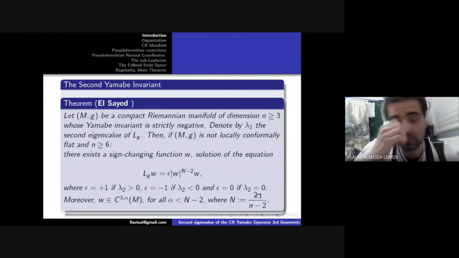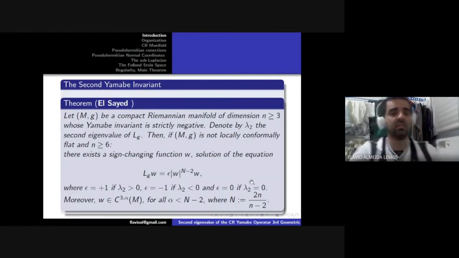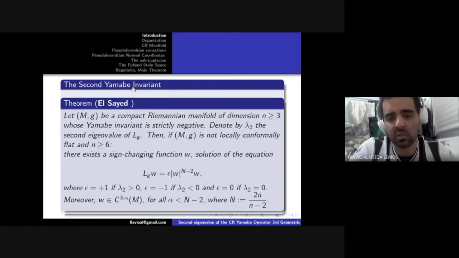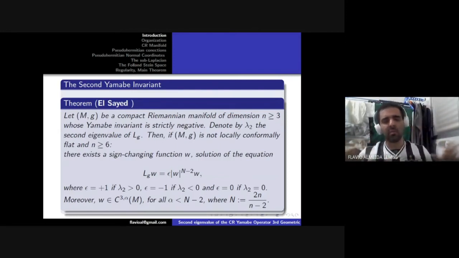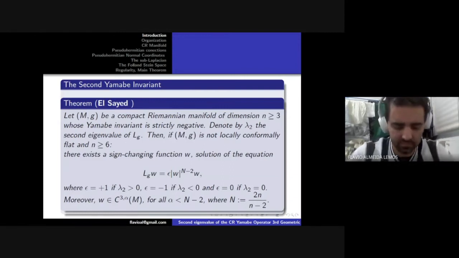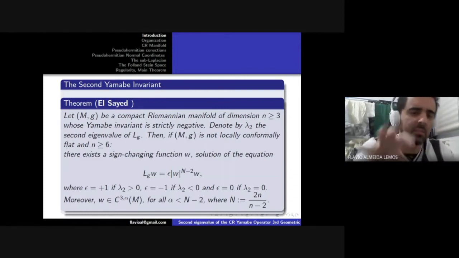In this lecture, we try to prove the same theorem in the CR geometry context, with some restrictions. We have some problems with CR geometry in relation with Riemannian geometry, so we need some condition here.